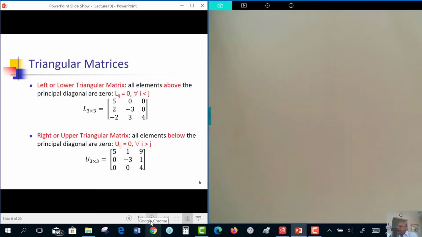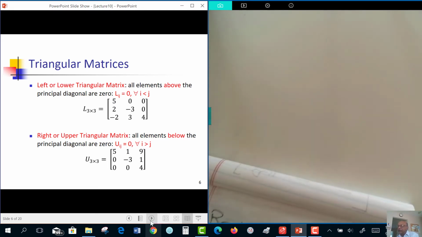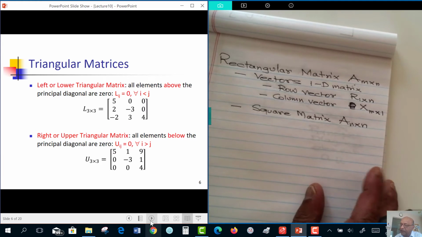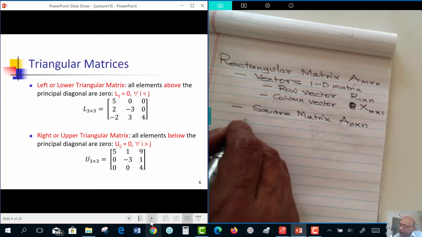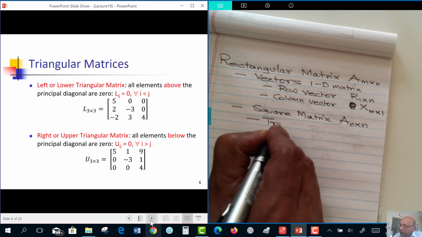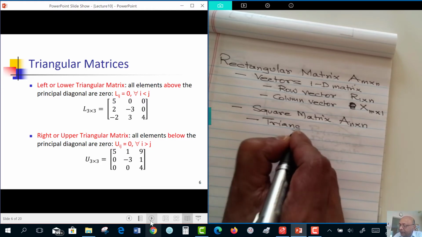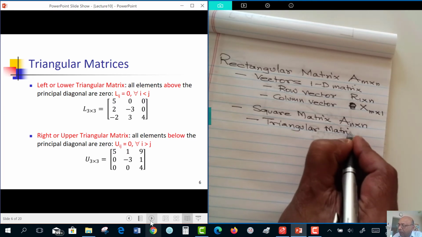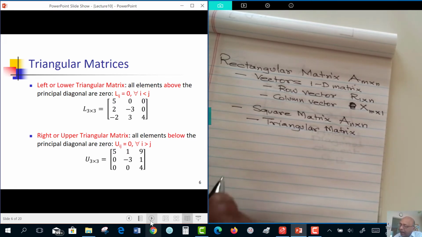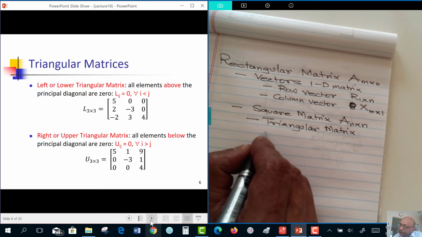So now we go back, and we are going to talk about special cases of a square matrix. Special cases of a square matrix are called triangular matrices. And there are two kinds.